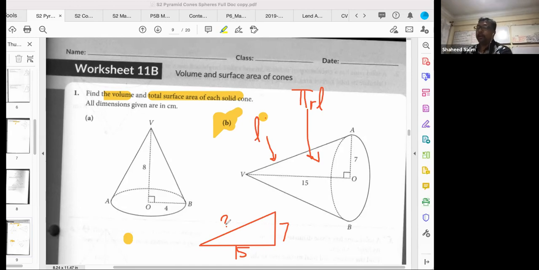Can you find the slanted height first? Okay, you should get this number roughly, yeah. Should get how much? 16.55.